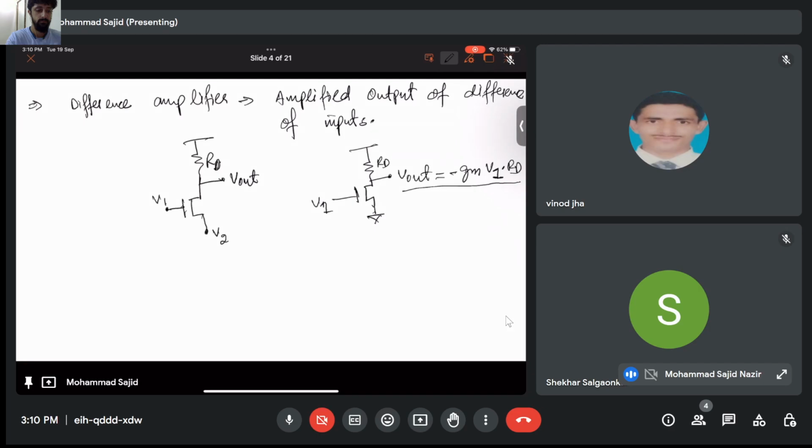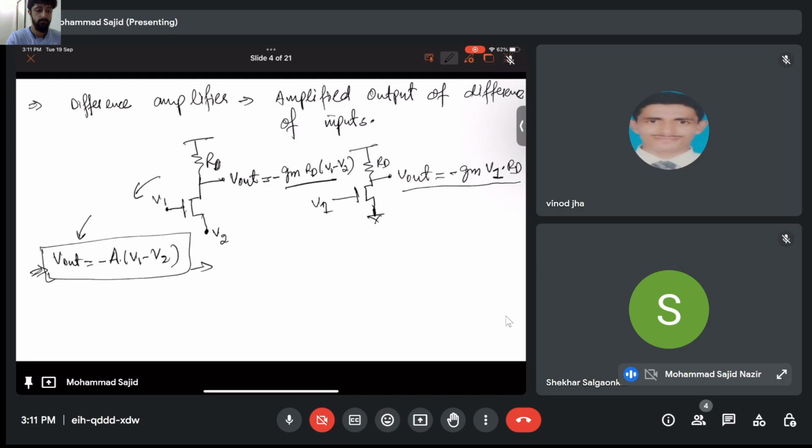But what if there is a voltage V2 here as well? Then your Vout will come out to be minus gm times RD multiplied by (V1 minus V2). Here the second terminal is grounded, right? So this gives us the output as gain times (V1 minus V2).